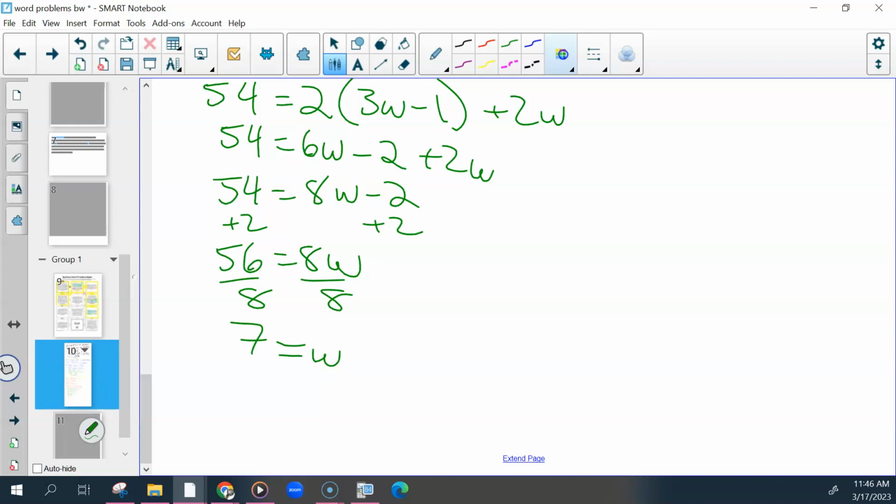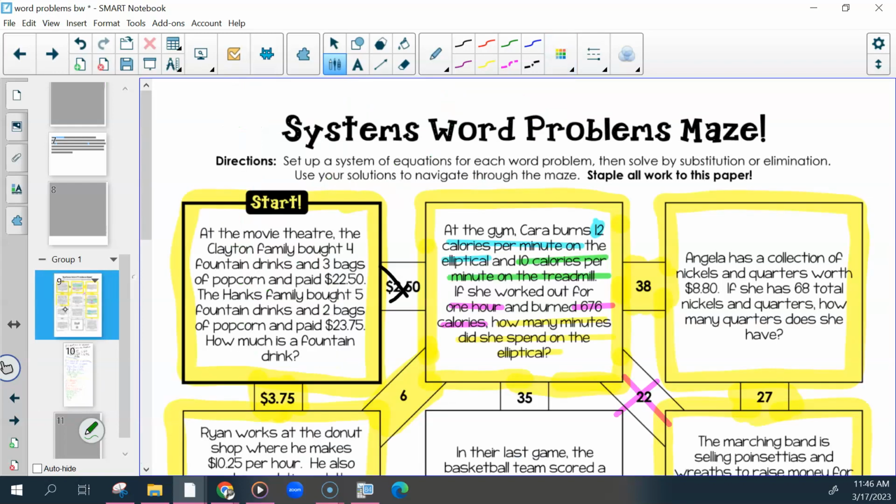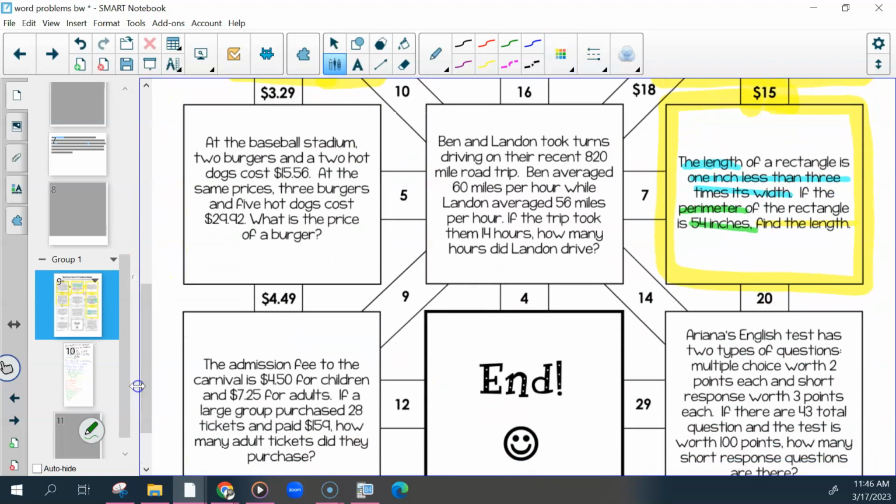What unit of measurement are we using here? So 7 inches. And if we look at our answer choices, 7 is one of them, but that's the width. So it would have to be 20. And you could do the math to figure out the rest.